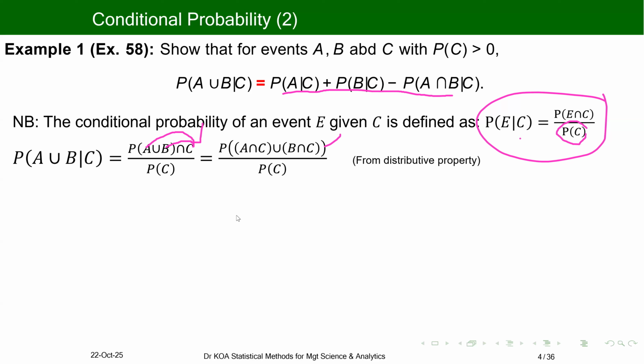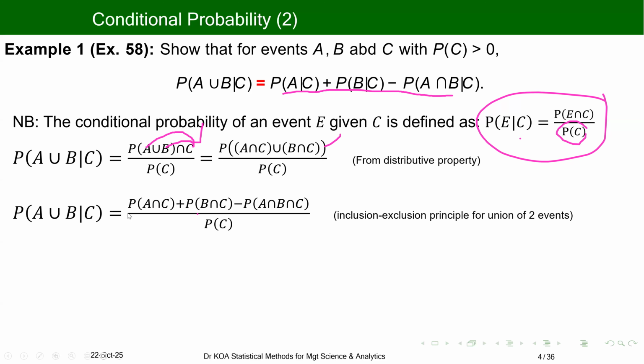Now, from this distributive property, we can now conclude, watch here carefully, that the intersection of A and C, which is the first part, plus that of the intersection of B and C, which is also this part. Now, we say plus because it's a union.